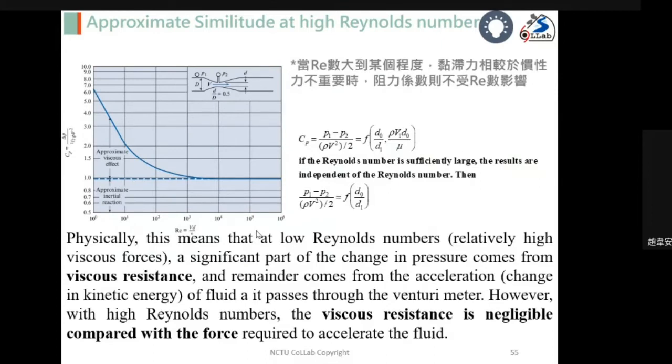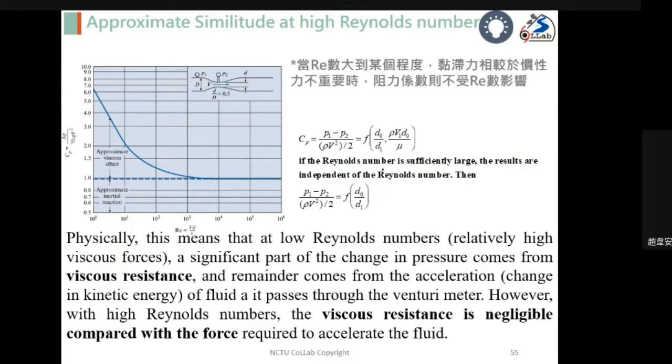If we have a problem, we know from the figure that the pressure coefficient is a function of the diameter ratio and the Reynolds number.